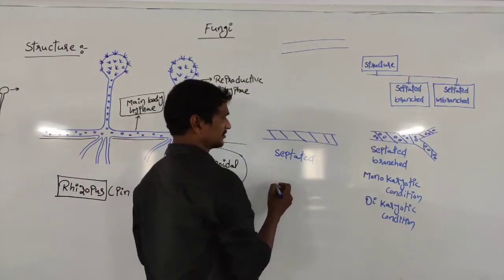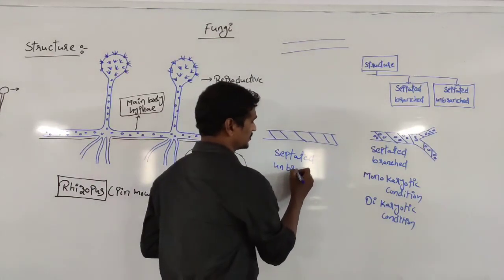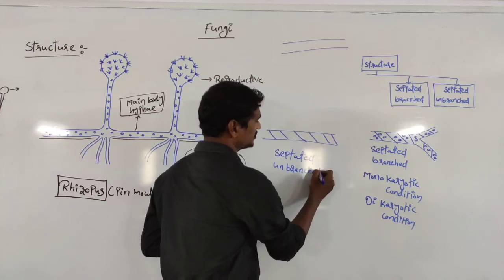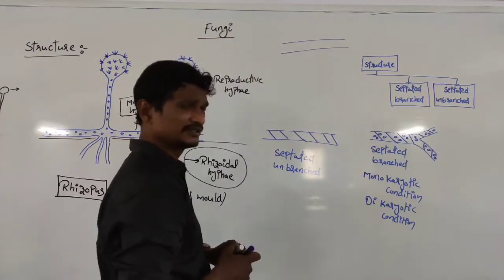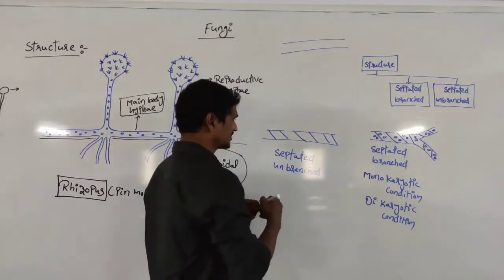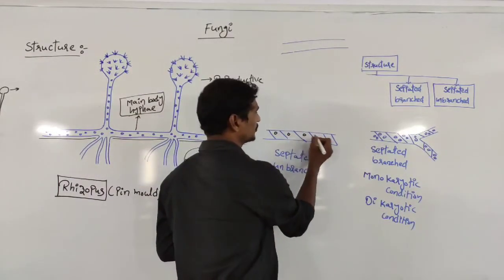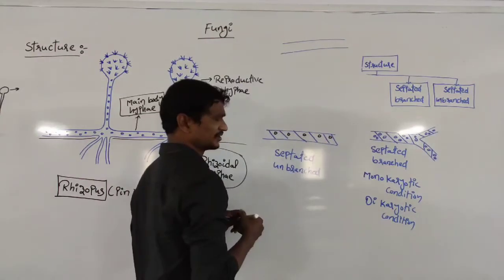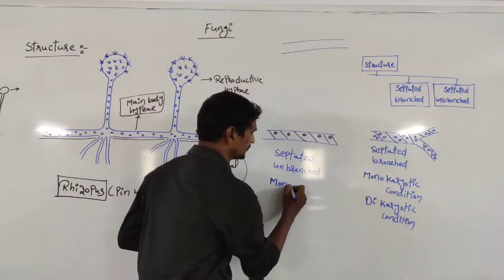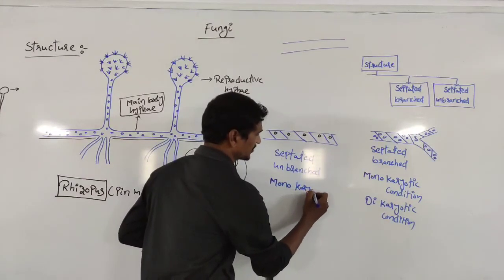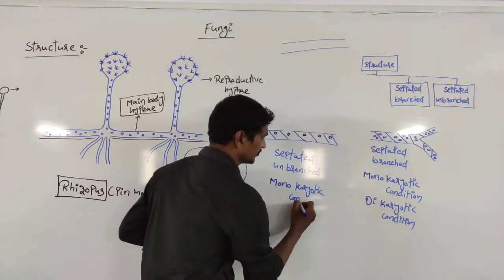Branches are absent, so this one is unbranched. In certain cases, only one nucleus is present. That one is called the monokaryotic condition.